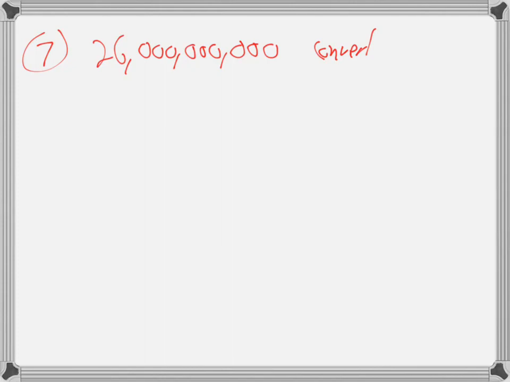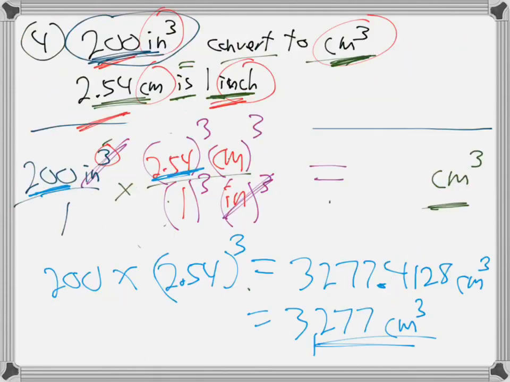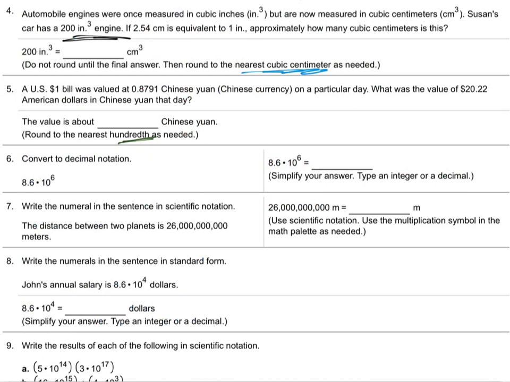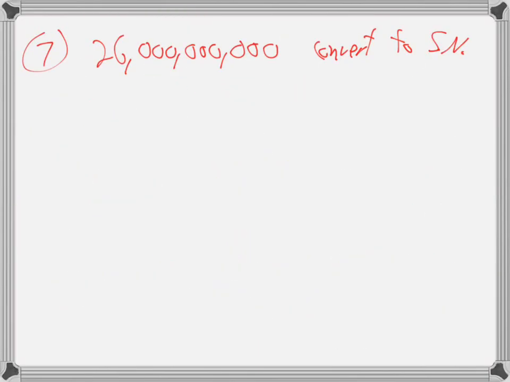Convert to SN. Don't they want me to convert? Let me double check. Yeah, convert to scientific notation. Okay. So there it is. What is that? 26 what? It's billion, right? Because if it was right here, it would be million. That'd be 26 million. But it's a spot bigger, so it's 26 billion.